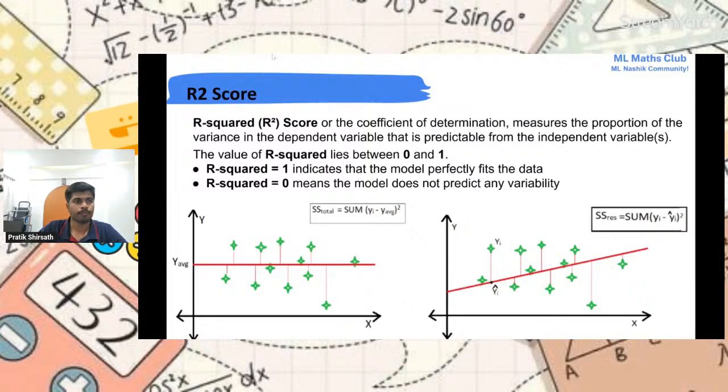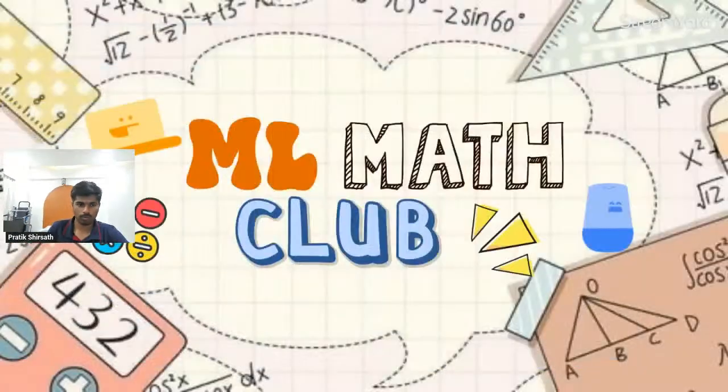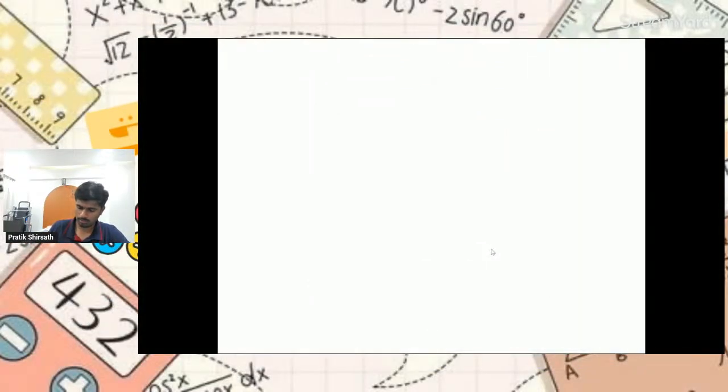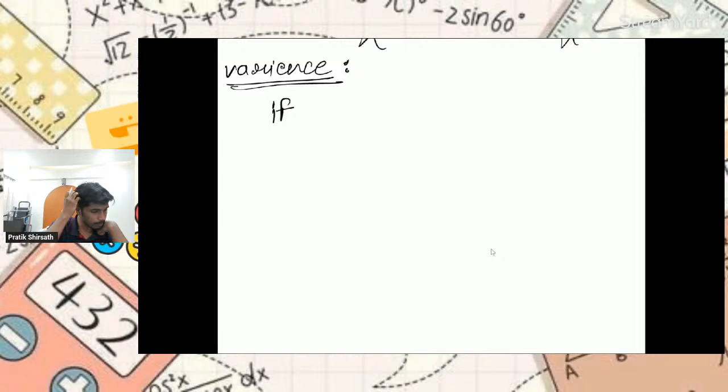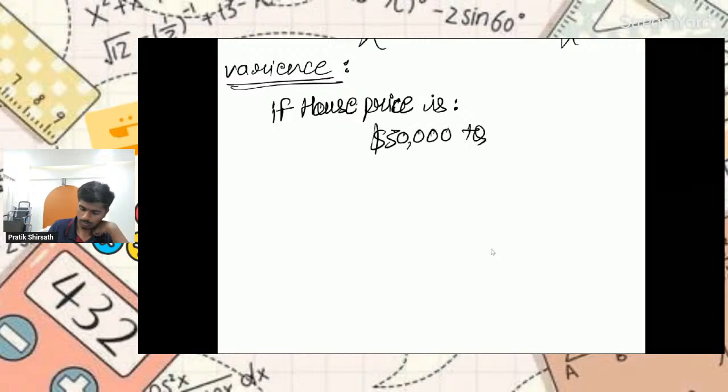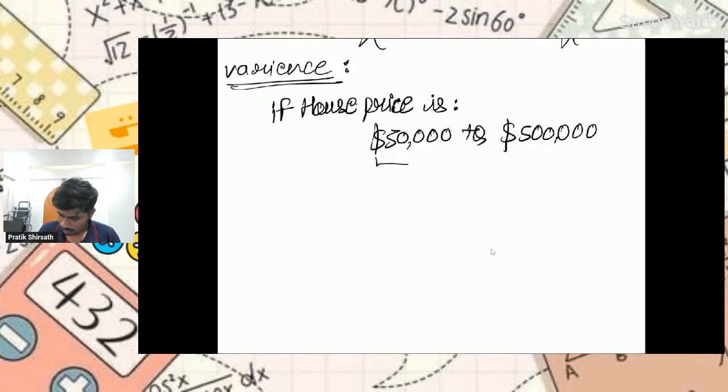For example, let me take an example. Variance can be, if a house price is from $50,000 to 5 lakh dollars, this is nothing but a wide spread between the values. 50,000 is a much smaller value compared to 5 lakh dollars, so there's a lot of area covered between these.